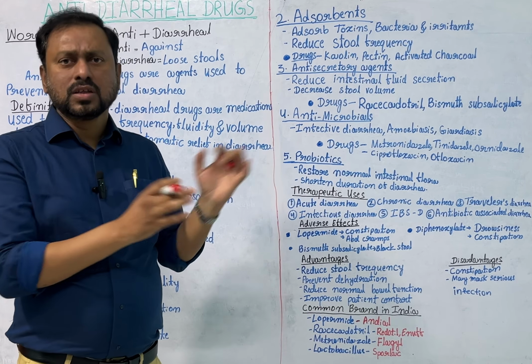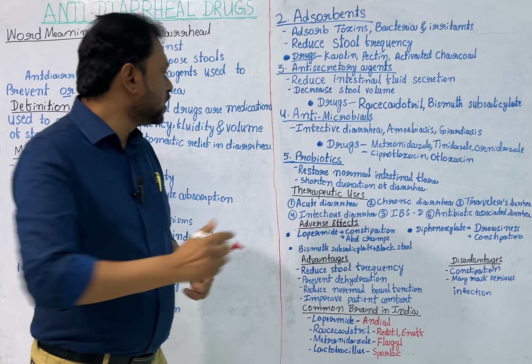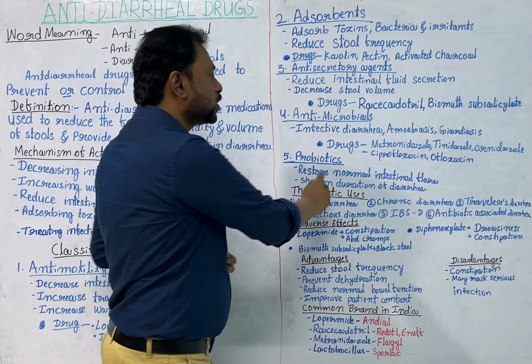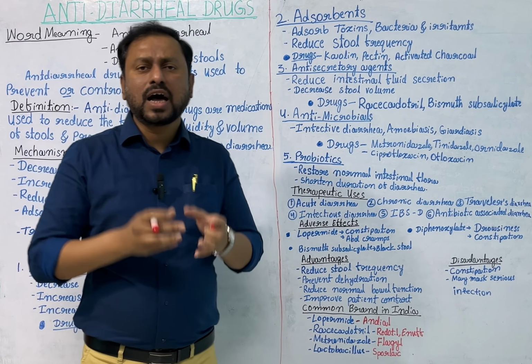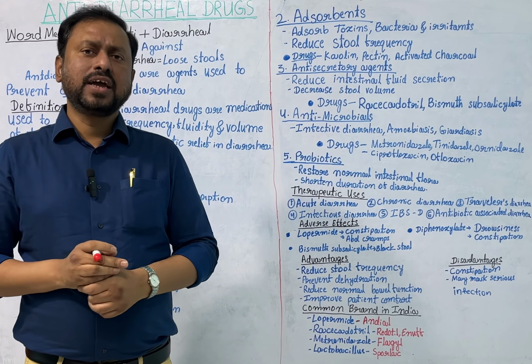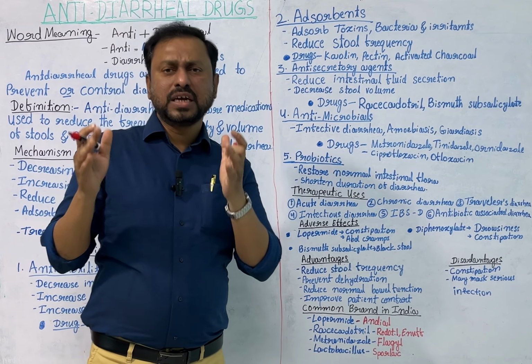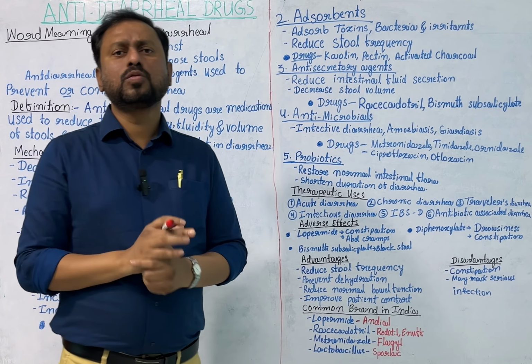In this case, the healthy bacteria or gut flora is maintained. Here, the probiotics restore the normal intestinal flora. It means this class of drug maintains the good bacteria in the intestine. Due to that, the intestinal flora is maintained and the loose stool is reduced.